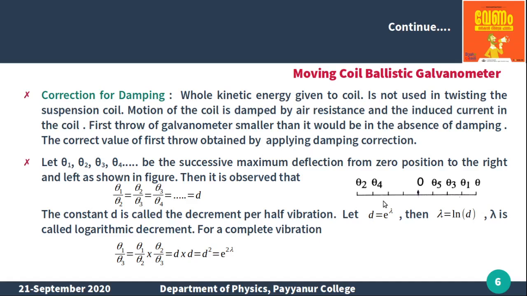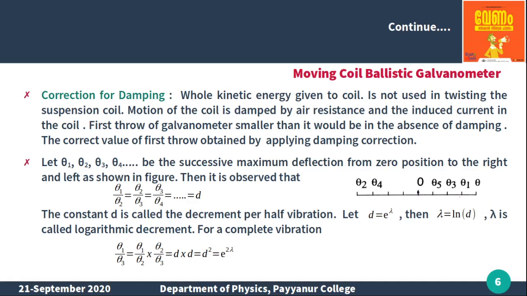If you take θ1 by θ2, that is the maximum deflection to the right divided by the maximum deflection to the left, successive maximum deflections right and left, you will find that the ratio is a constant.